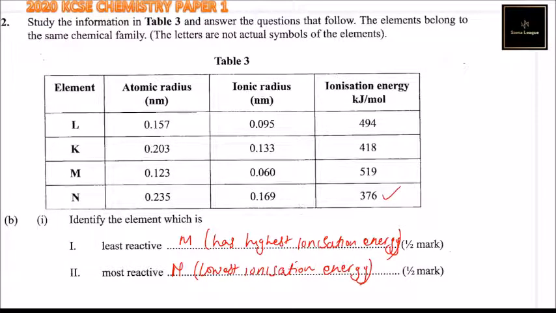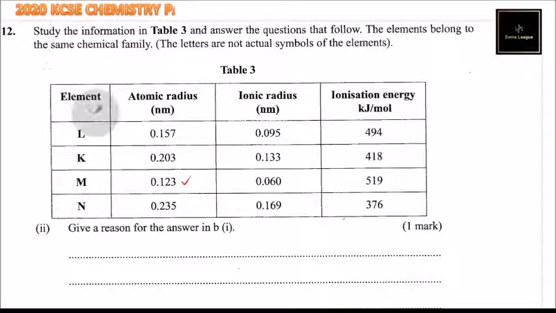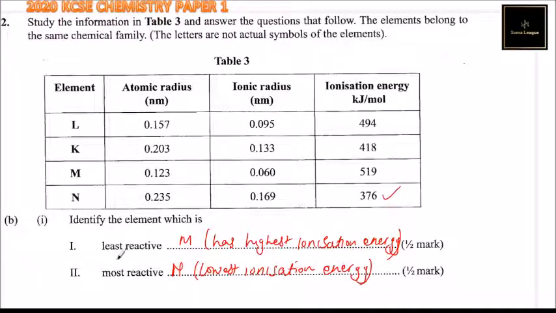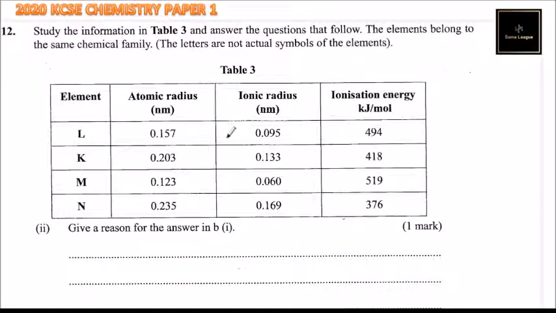We look at Roman number 2 of B. Give reason for answer in B Roman 1. If we go back, we have given that the least reactive is M and the most reactive is N. So we look at M. If you look at M, it is the smallest, because you can see the atomic radius is 0.123.